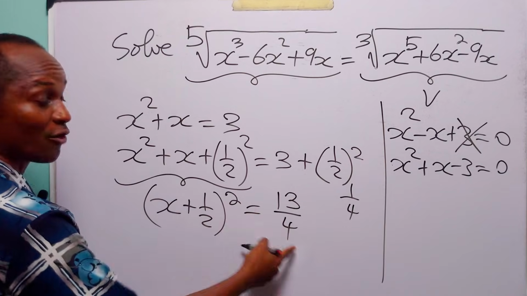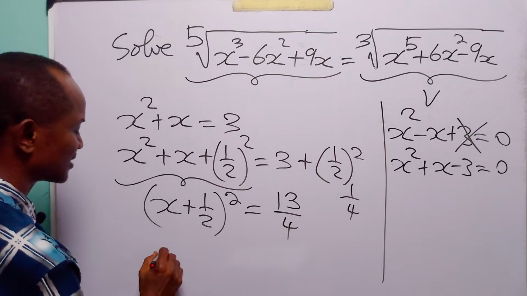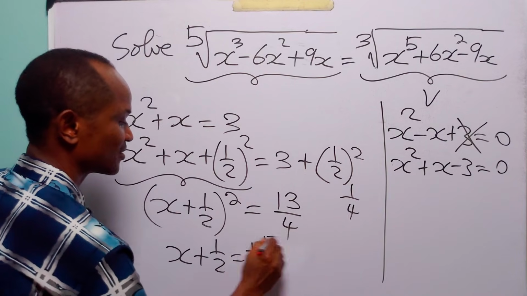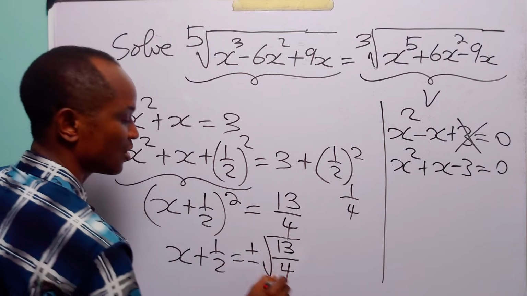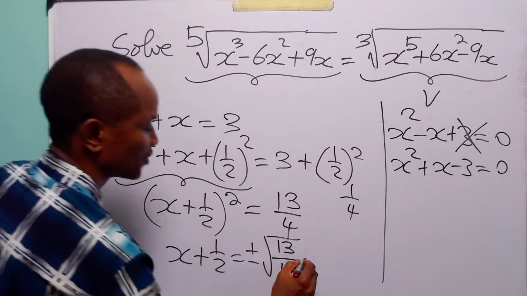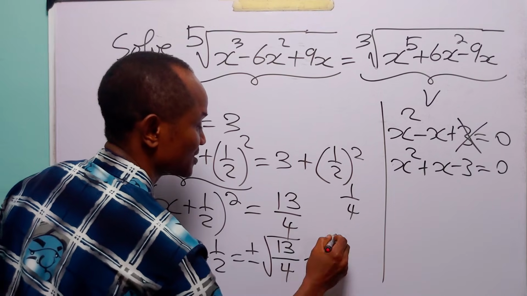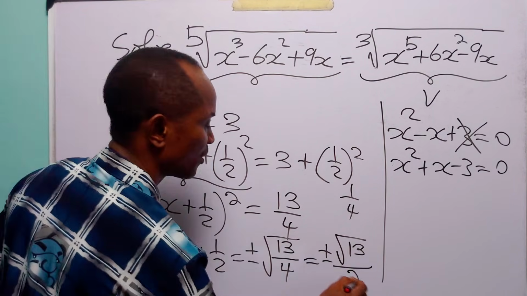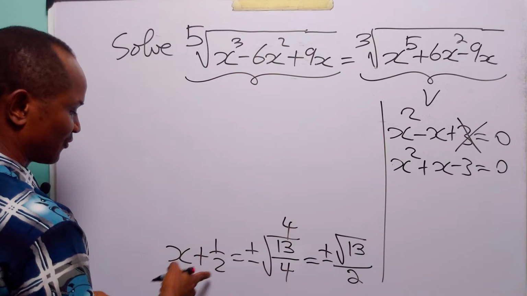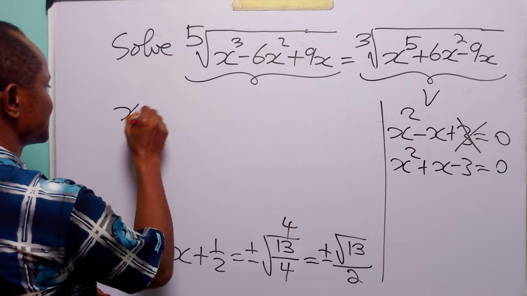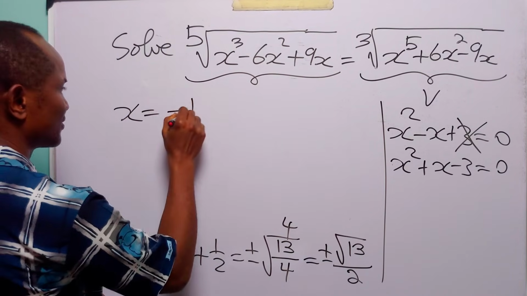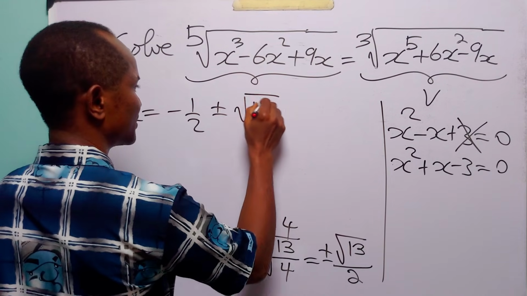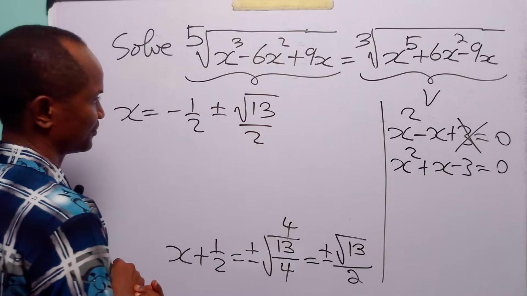Now we take the square root of both sides of the equation. When we do that, we have that x plus half is equal to plus or minus the square root of 13 over 4. And of course, this is equal to plus or minus the square root of 13 over the square root of 4, which is equal to 2. And from here, we have that x is equal to minus half plus or minus root 13 over 2.